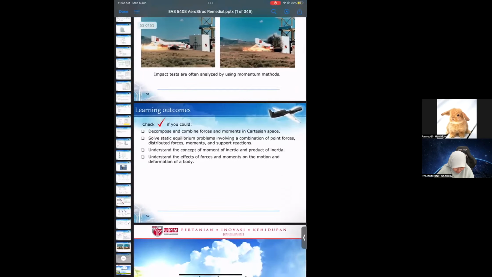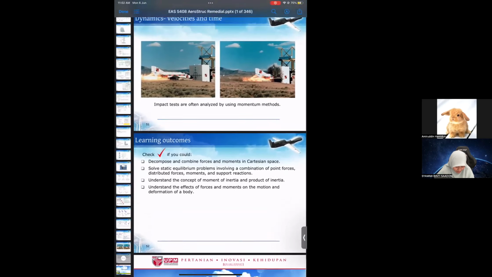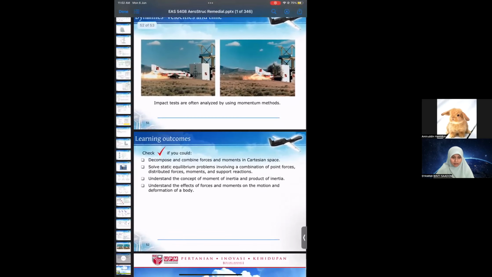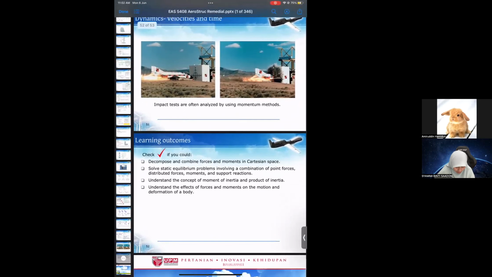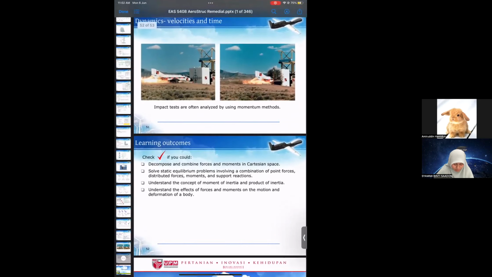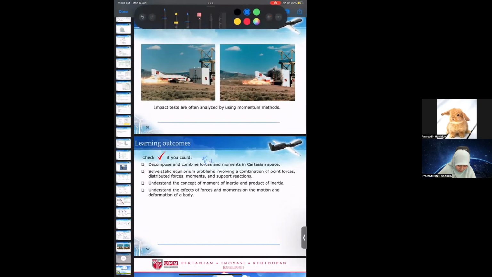Finally, the learning outcomes of this short refreshing course are to decompose and combine force and moments into Cartesian space. By now you understand how to combine or decompose force and moments, like just now Fx, Fy, the resultants, force, moment, etc. Formula of moment, remember: moment is F r sin alpha, or Fd.